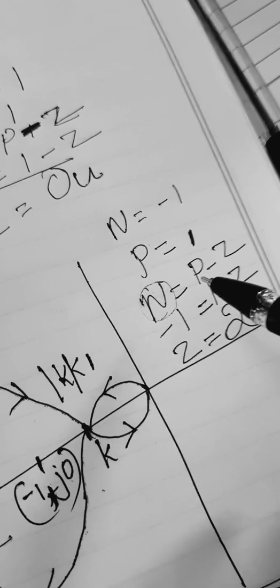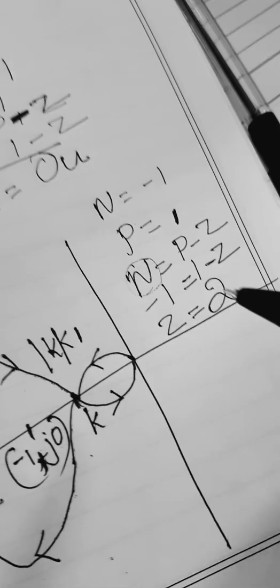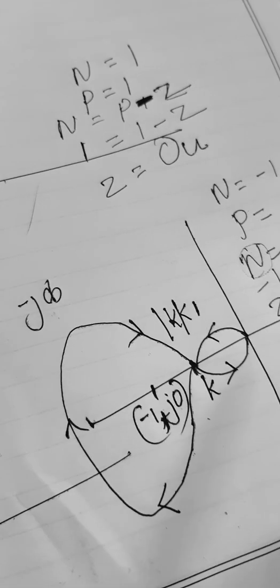P is the number of poles on the right half of the S plane. Z is the number of zeros on the right half of the S plane. So here we got two zeros in the right half of the S plane, so it is unstable.